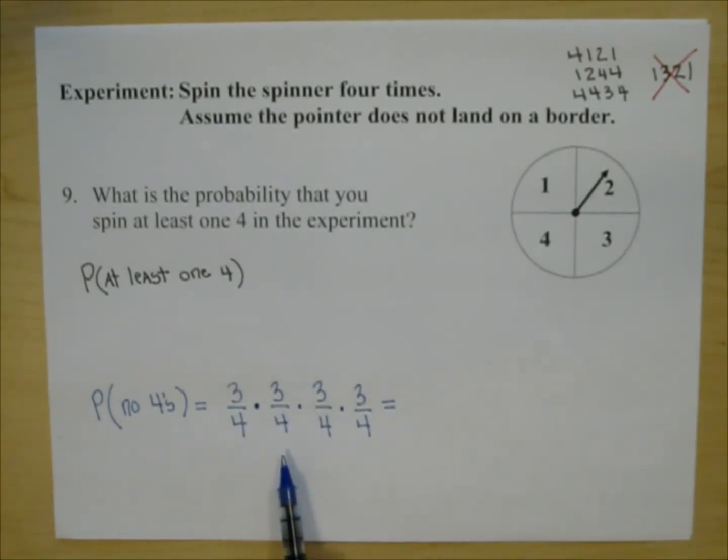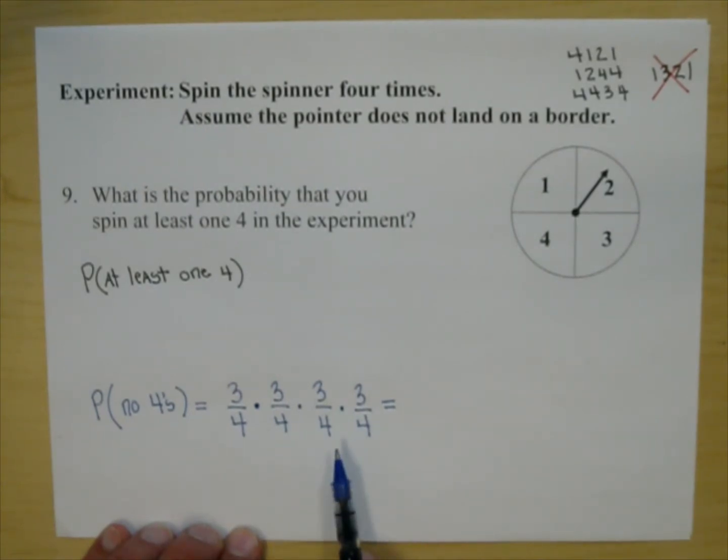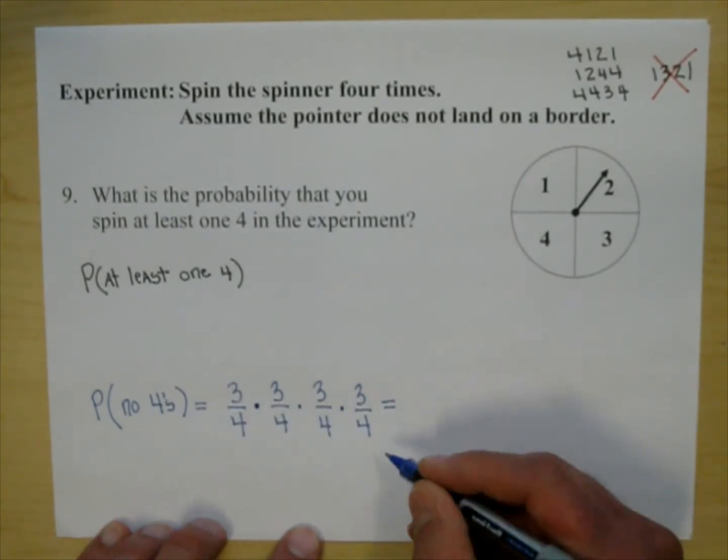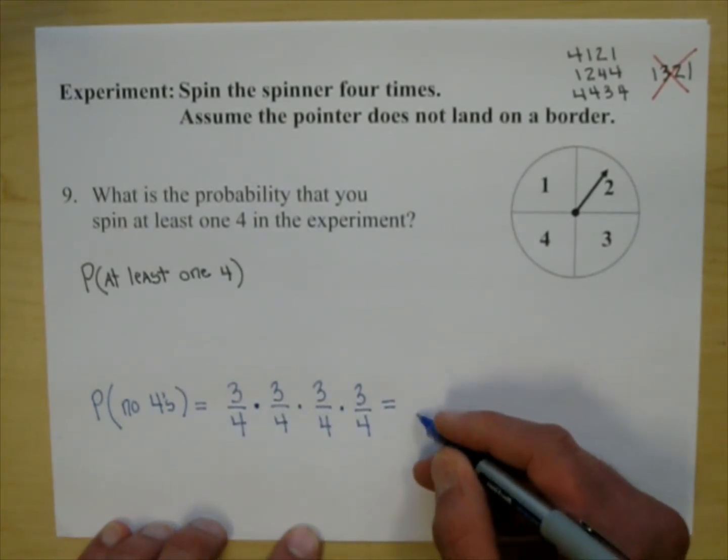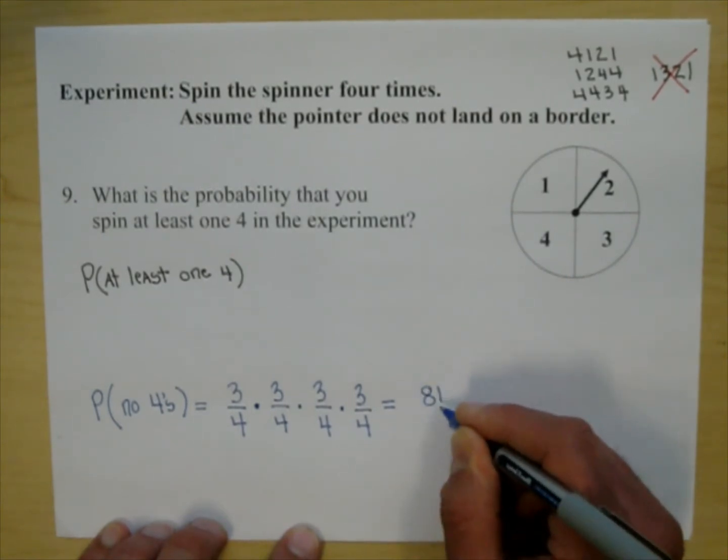So that's how you get no 4s. 3/4 times 3/4 times 3/4 times 3/4. That's why people invented exponents, because they can say 3/4 raised to the 4th power. But we're not going to do that. Does anything cancel? No. So we're just going to have to go 3 times 3 times 3 times 3, or this is a 9 times another 9. So on the top we end up getting 81.